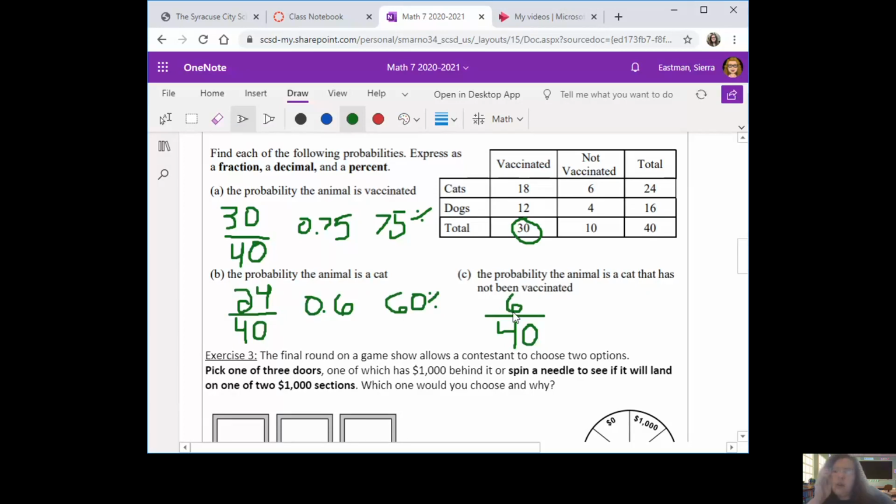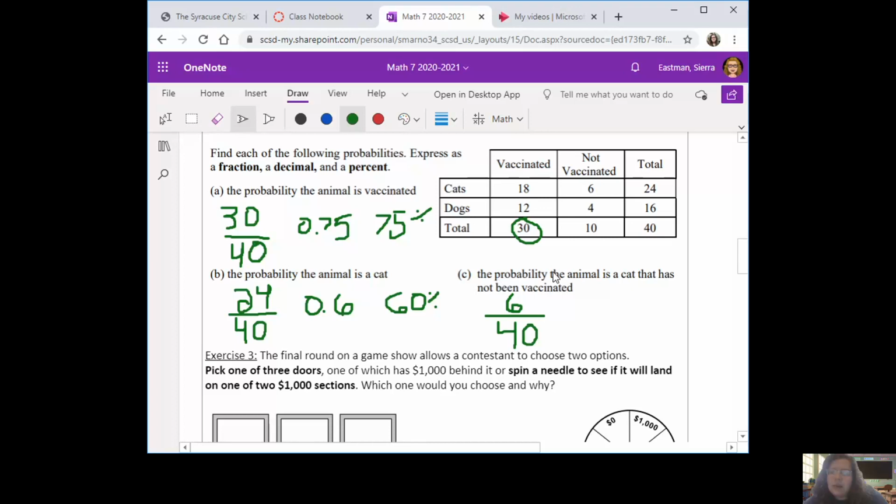Okay, so let me explain that one last time. We really want to be careful when we're reading events, because if they had said the probability that a cat is not vaccinated, our sample space would have only included the total cats. It would have been 6 out of 24.